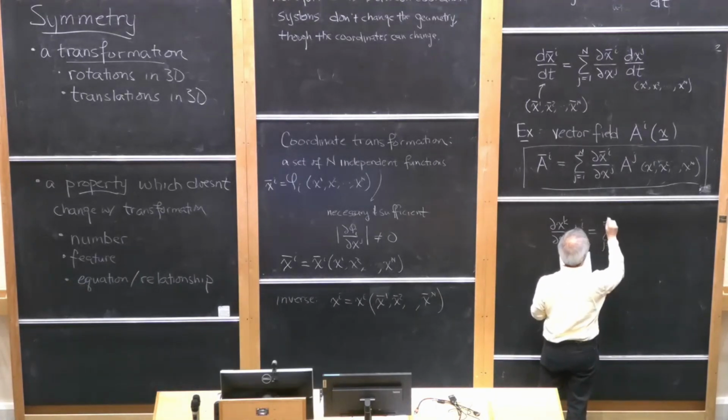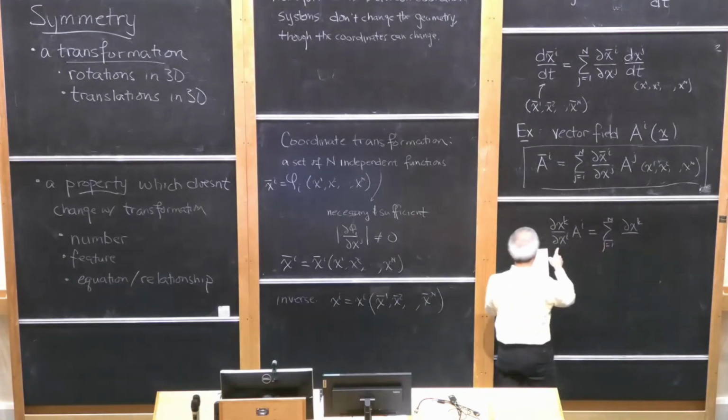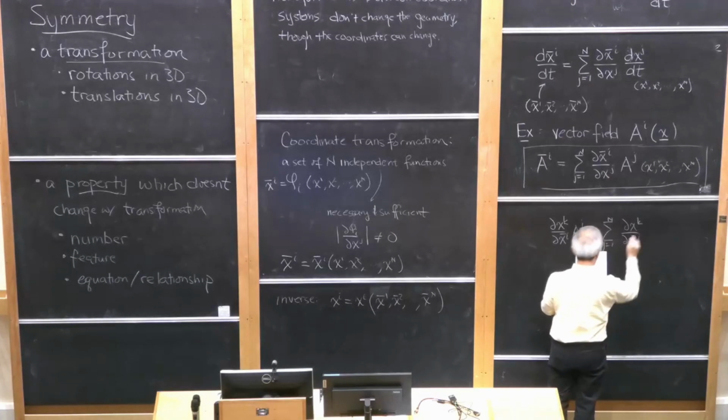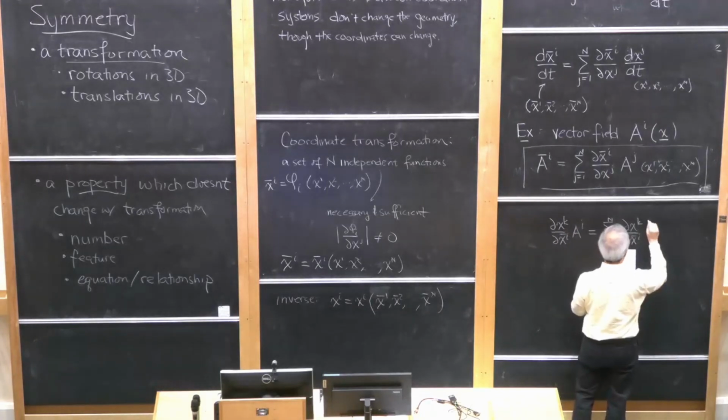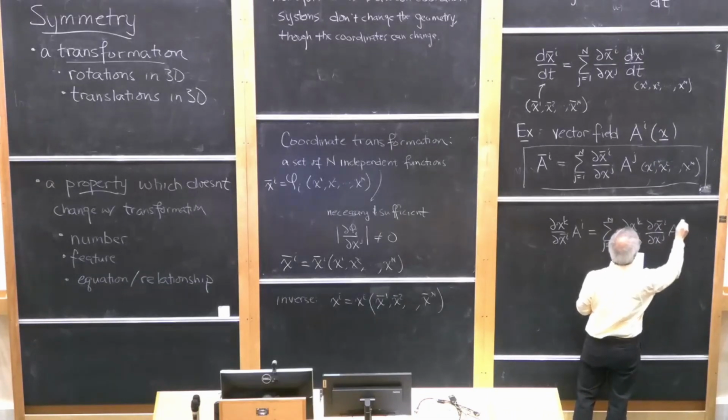Still have the j here. So we have our dxk over dx bar i, and then we had our dx bar i over dxj, just copying from the formula, and then a j.